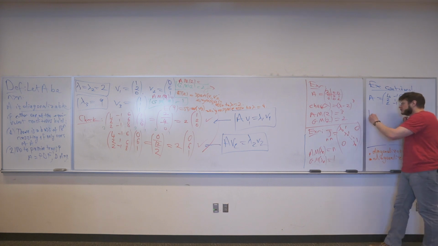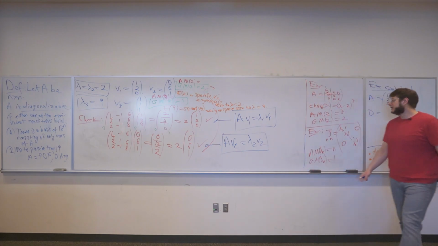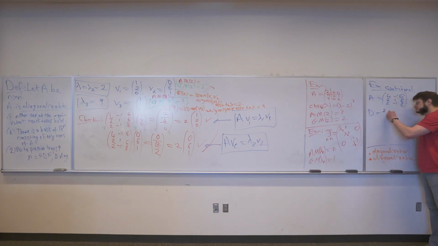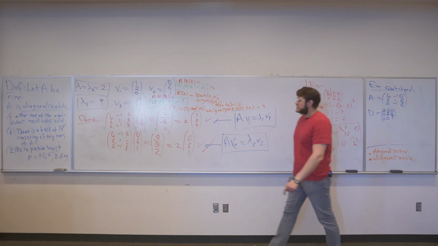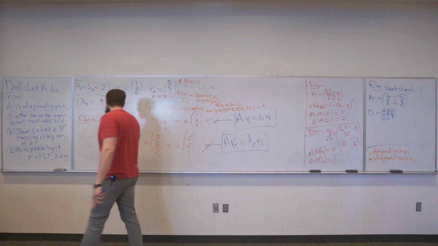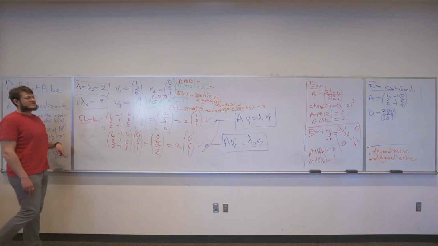Now put D to be the diagonal matrix whose entries are the eigenvalues, 2, 2, 9. But also define P to be the matrix whose columns are the eigenvectors that are linearly independent.